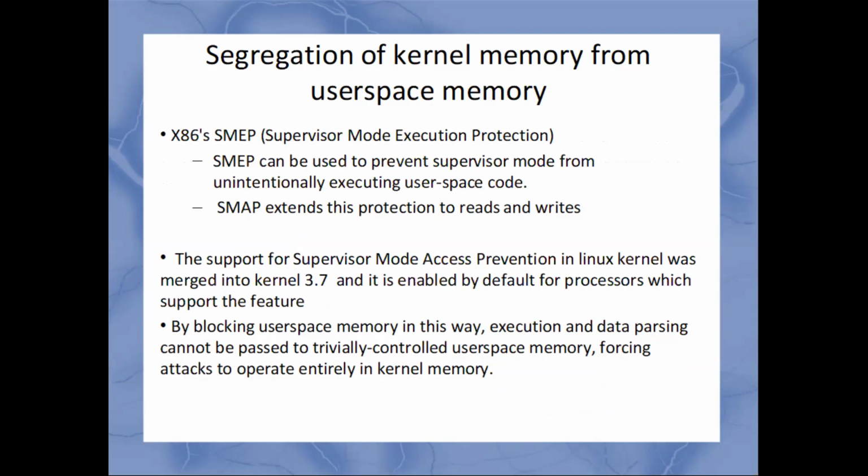Support for user mode access prevention was added to the Linux kernel in the 3.7 merge, and it is enabled by default for processes which support this feature. By blocking user space memory in this way, execution and data parsing cannot trivially control user space memory, forcing attacks to operate entirely in kernel memory.